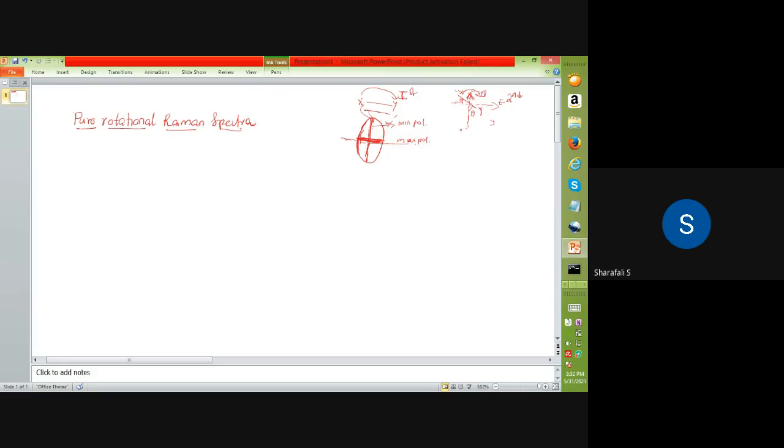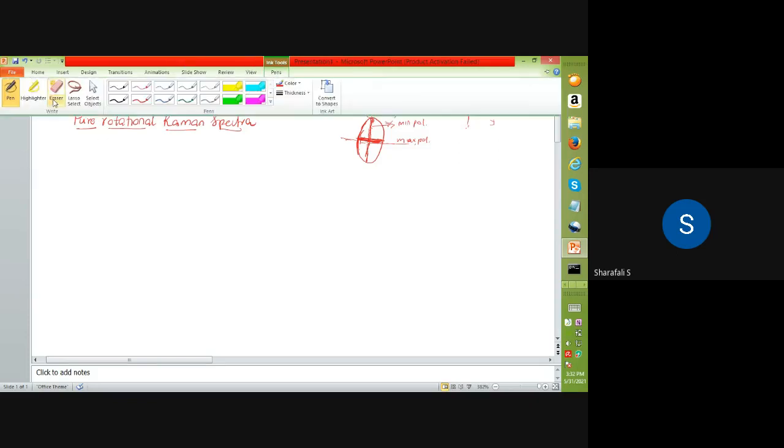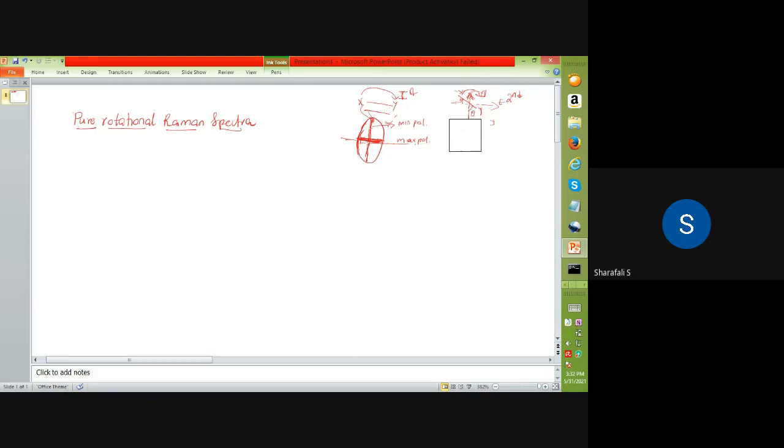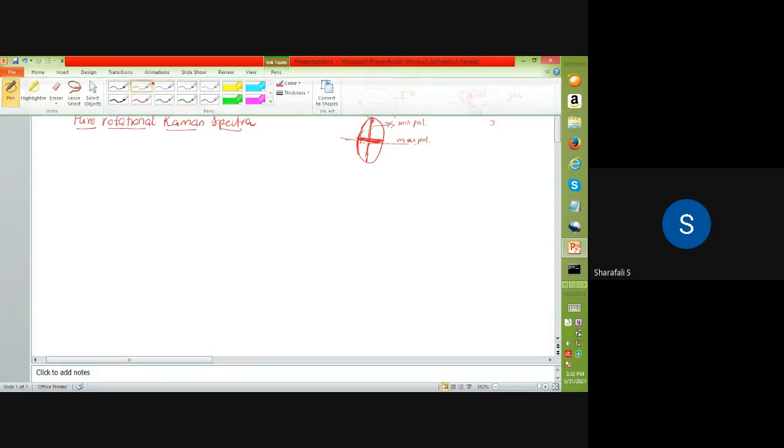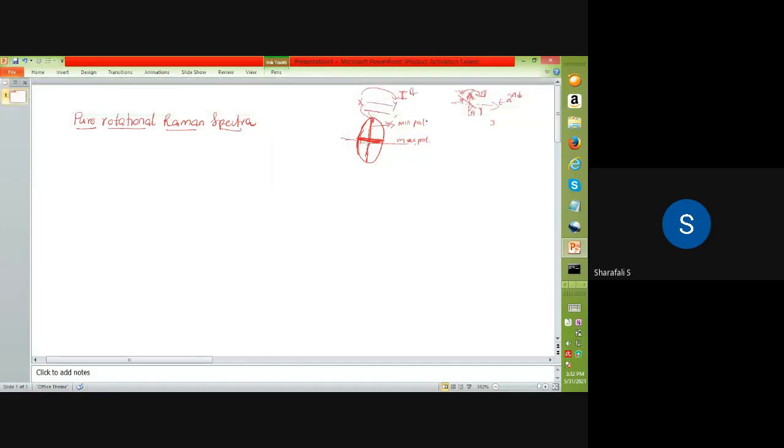Then your ellipsoid will have some kind of shape. If you compare with the initial polarization, now you are applying that perpendicular field and getting some theta angle. It is not exact, so obviously it will have more polarization as compared to this one.